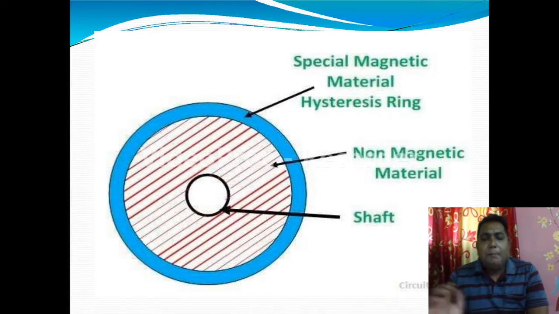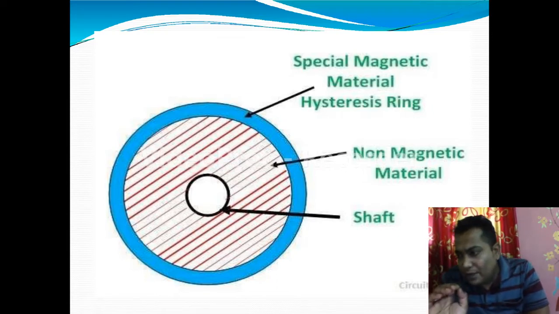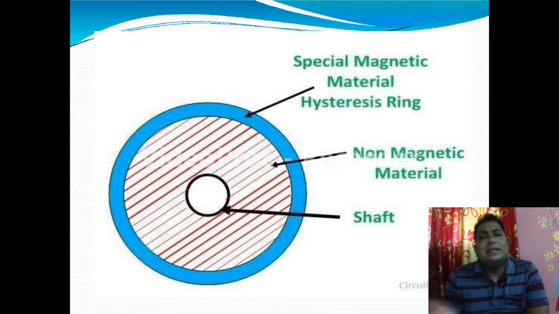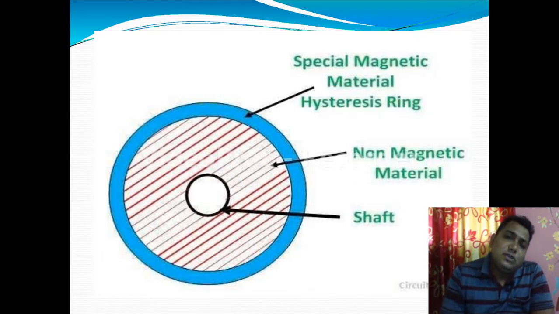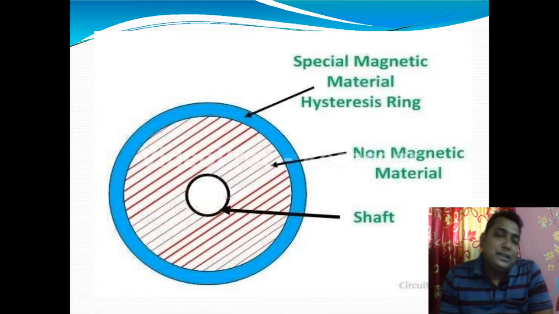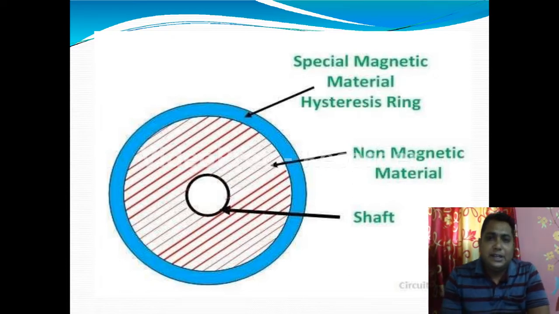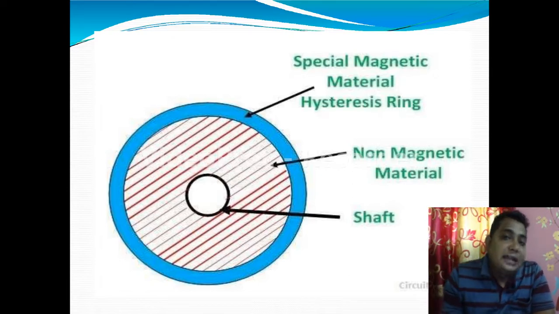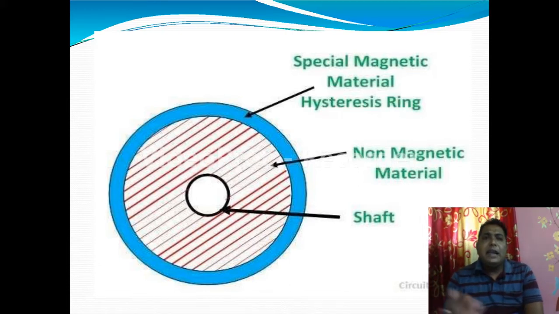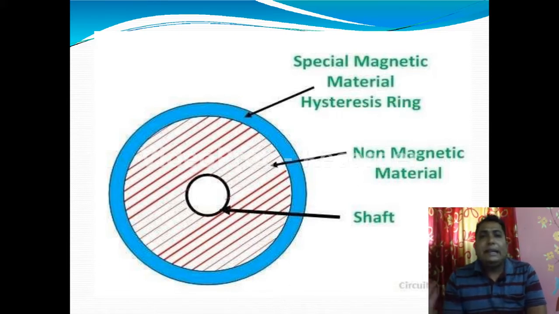If we use that same material inside, it has high cost, so the overall cost of the machine will increase. It has heavy weight, so the overall weight of the machine will increase. Now instead of that, if the inner section of the rotor is made of any non-magnetic lightweight material, then what will happen?